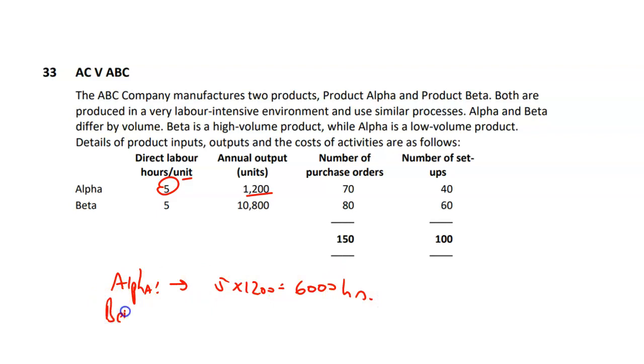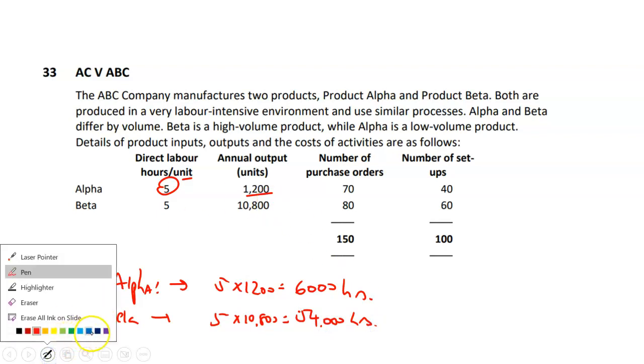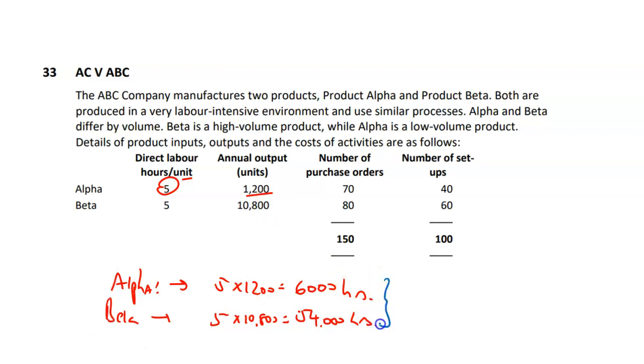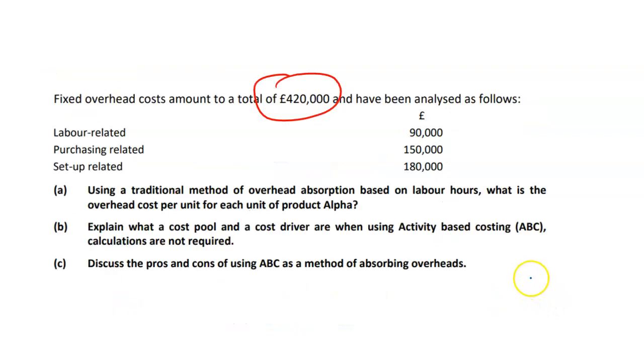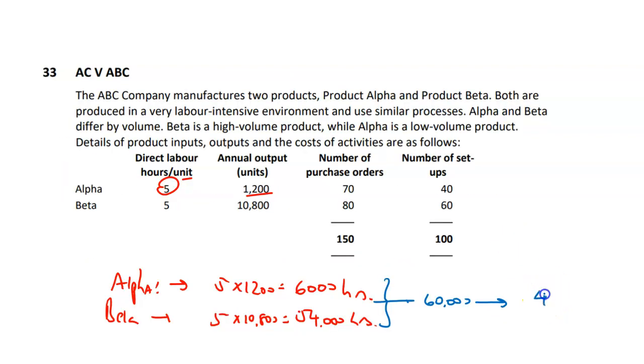And Beta brings to the table 5 times 10,800, which looks like 54,000 hours. Now, what this means is that this organization uses a total of 60,000 hours, and those 60,000 hours have caused this overhead of 420,000 pounds.